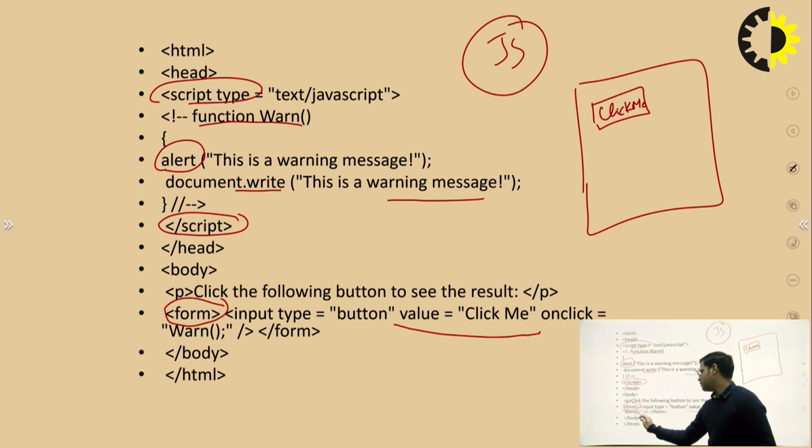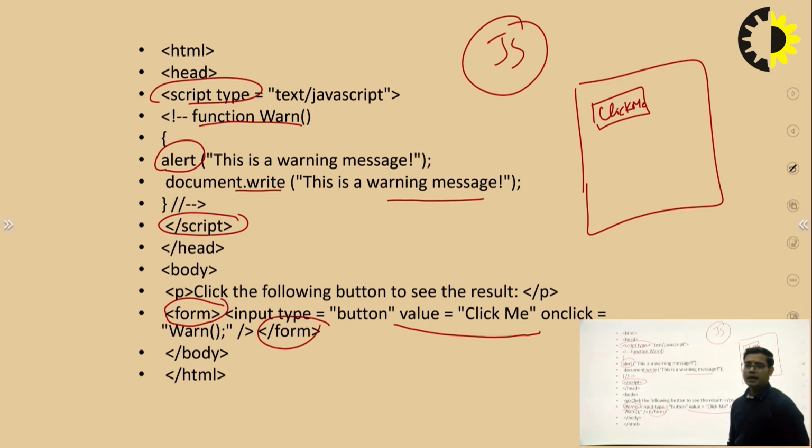As you can see here, this is the form. Input type as a button is how we can create the button, and the value of this button is Click me. Some event is performed when you click on this button. The event name is onclick, so the onclick event.